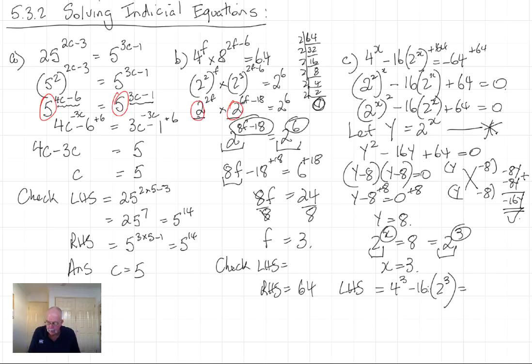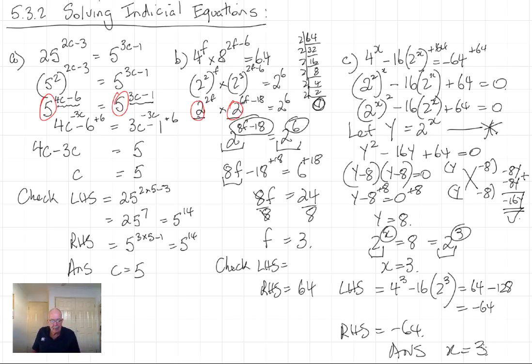And that is equal to 4, 4, 16, 64, minus 8 times 16 is 128. 64 minus 128 is negative 64. And the right hand side equals negative 64. So we know that the answer is x equals 3.